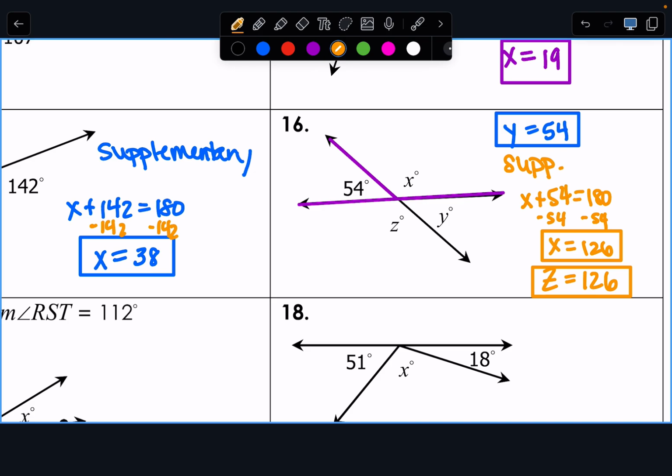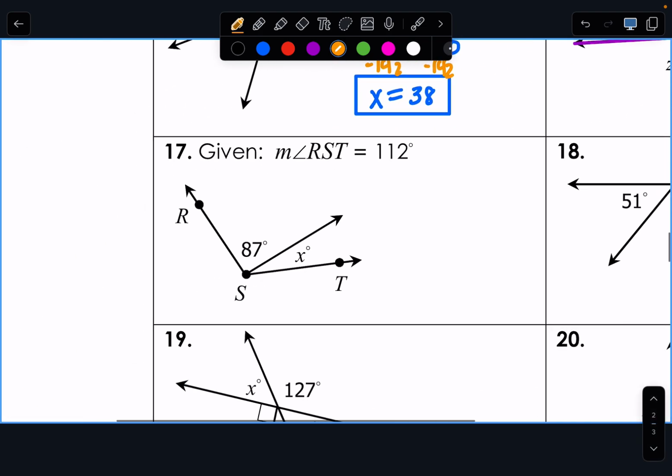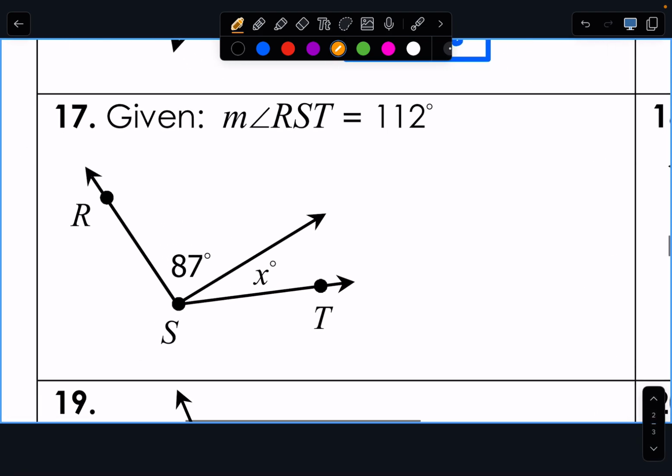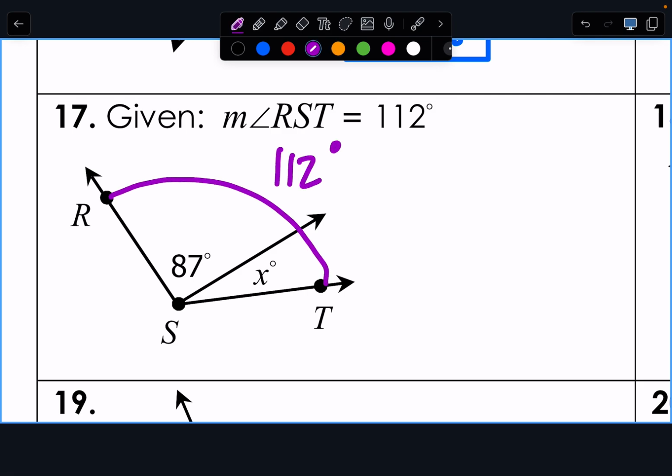Okay, we're going to do 2 more problems. Are you ready? In number 17, it says RST is 112.